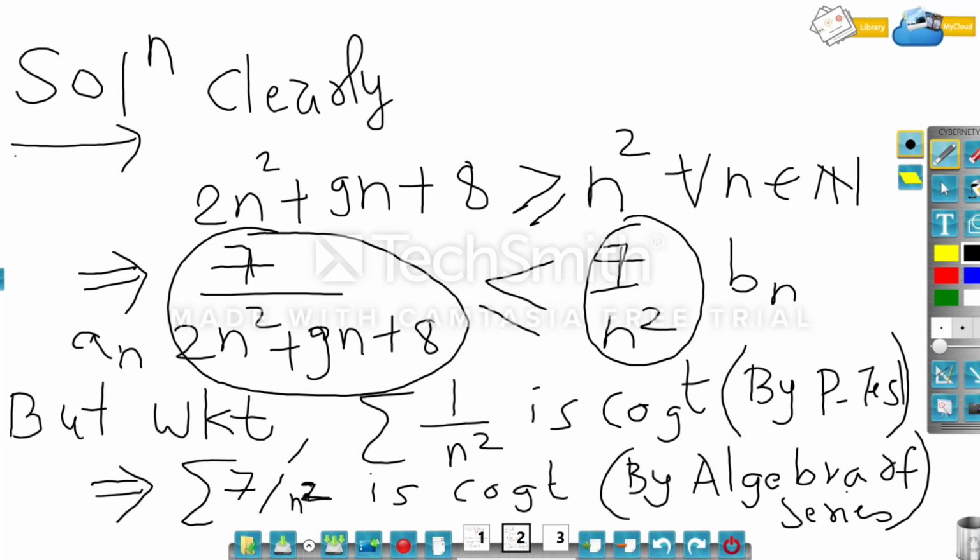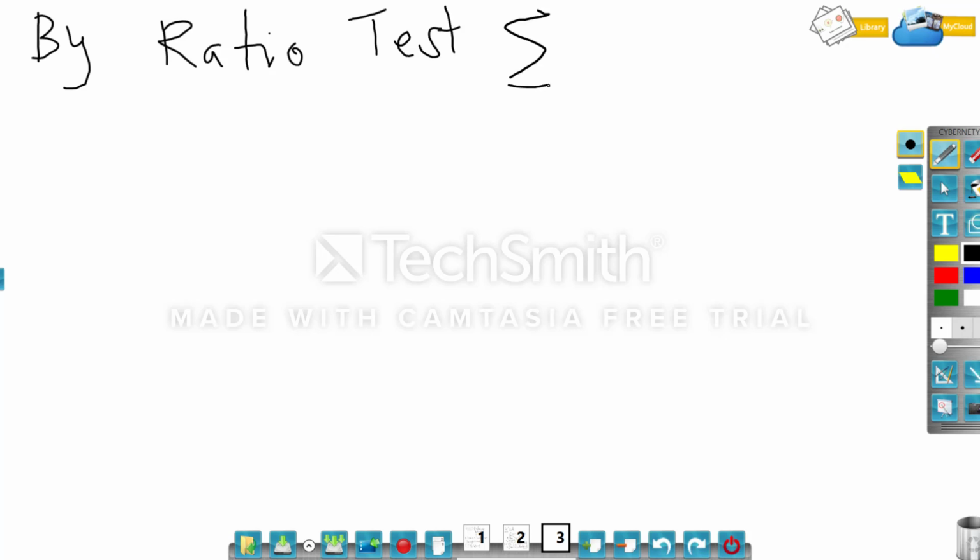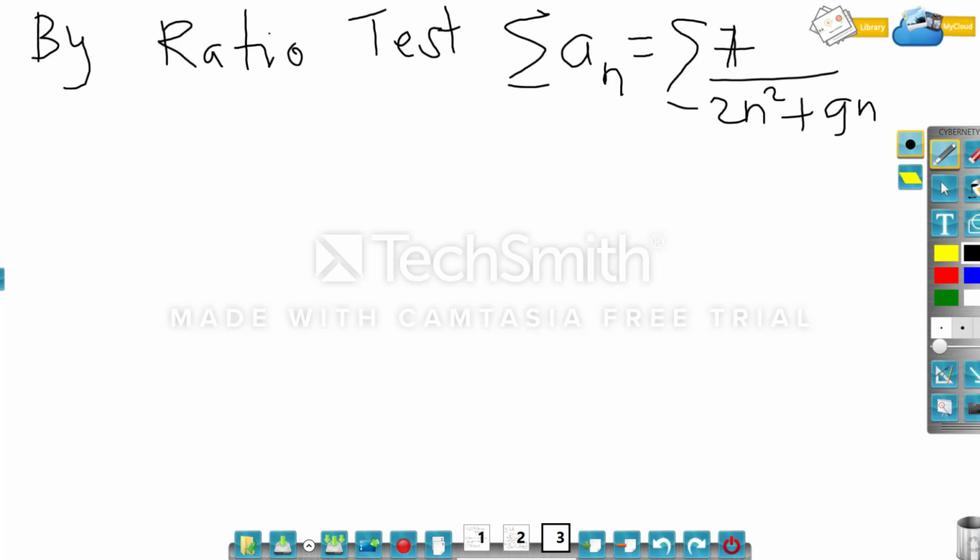Since series Bn is convergent, by the ratio test we can say that the series An, which is the same as the series 7 upon 2n square plus 9n plus 8, is convergent.